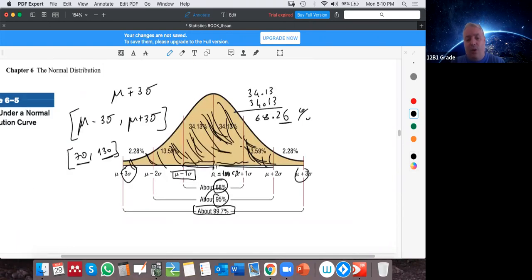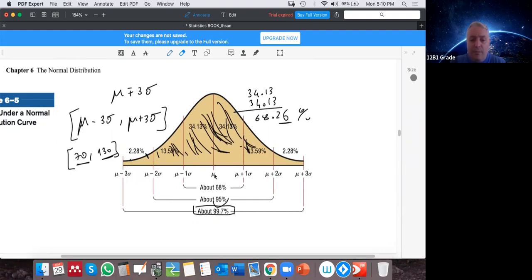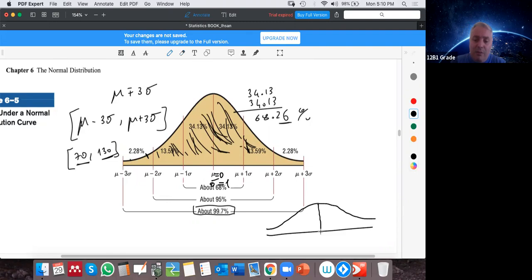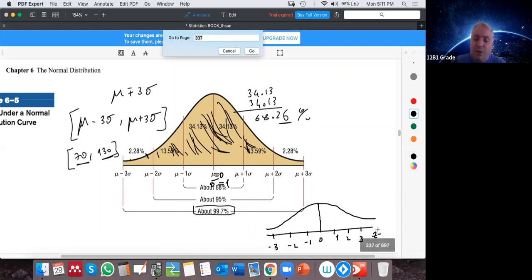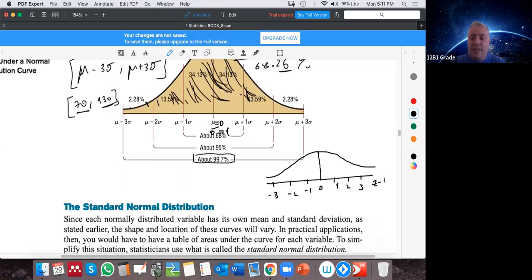If I call this mu, which is 100 centimeters right now, 0, and the standard deviation 1, this figure will be the same distribution, but I will write here 0, 1, negative 1, negative 2, positive 2, negative 3, and positive 3. And I will call it the z score.